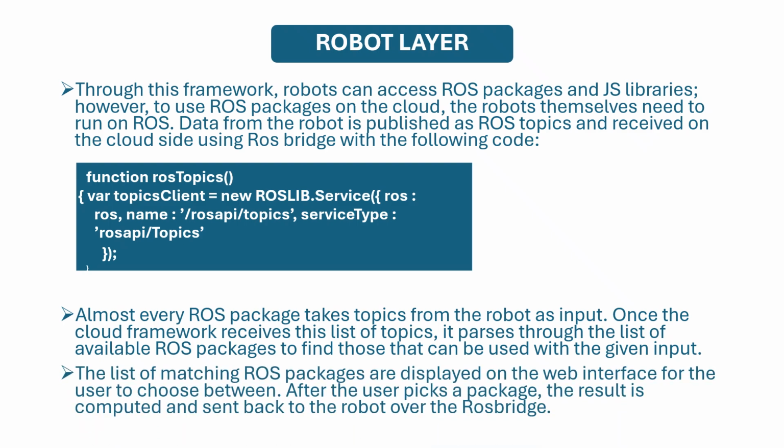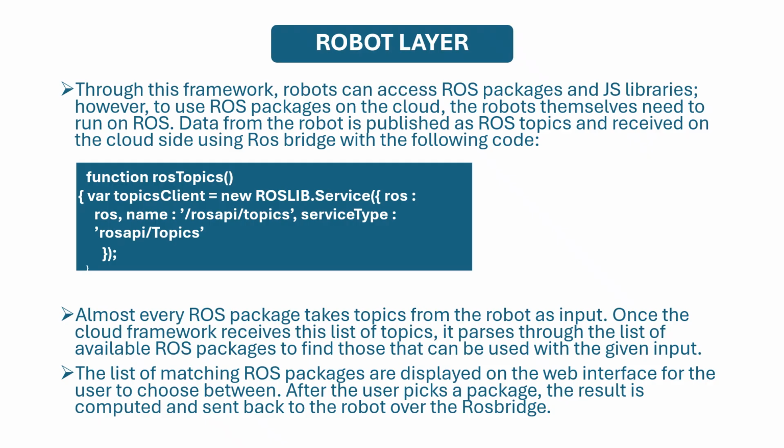Come to the next part. The matching of ROS packages: whatever packages the robot is asking for, the ROS packages are provided with the help of the cloud and they are displayed on the web interface, and the client, that means the robot, can choose where to work from. Clear?